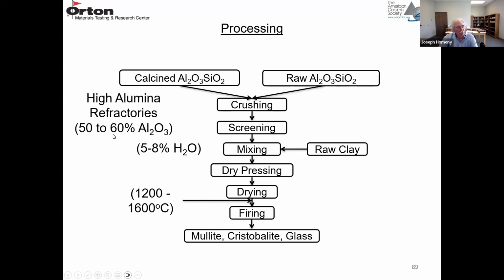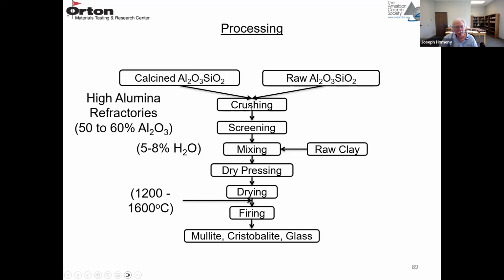When you get over 50% alumina, you're in the high alumina refractories, so 50 to 60% alumina. Now you're going to have a calcined anhydrous aluminosilicate like sillimanite, Al2O3·SiO2, and maybe a raw anhydrous aluminosilicate like kyanite.